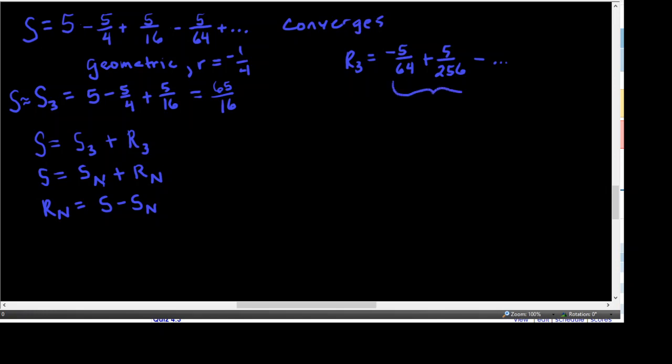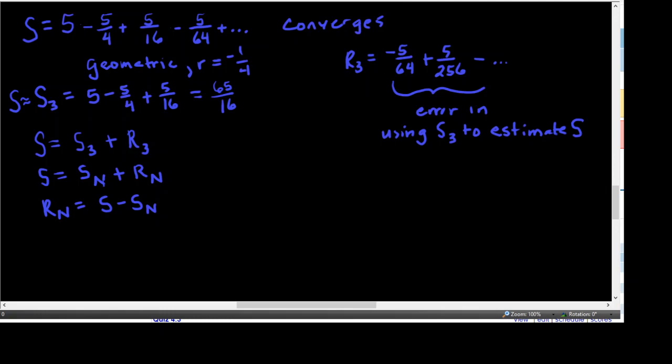This amount is the error in using S sub 3 to estimate S. That's how much we're off from actually having S, is the remaining part of the series, R sub n. So that's the error amount.